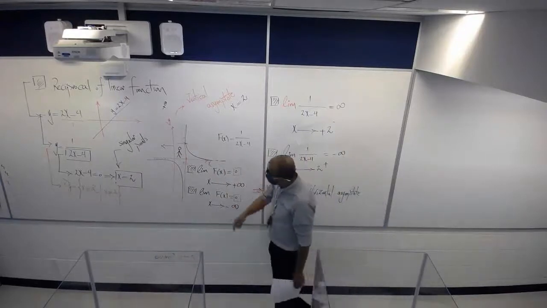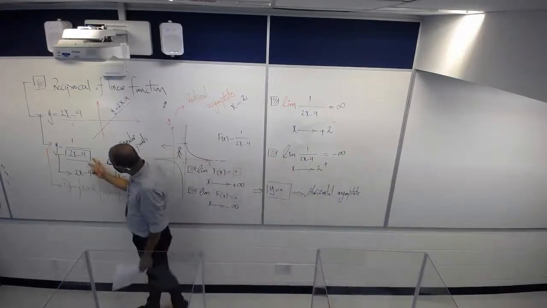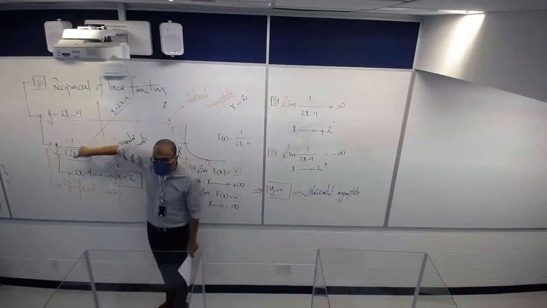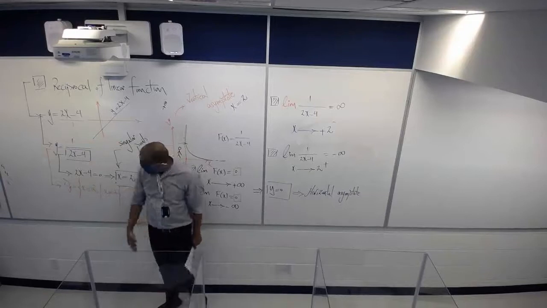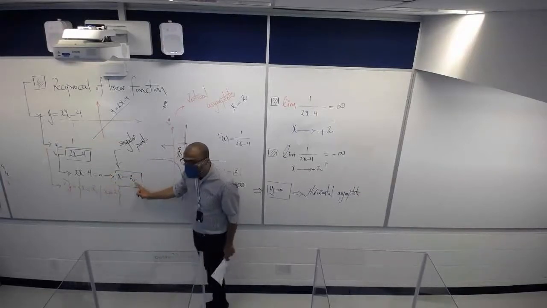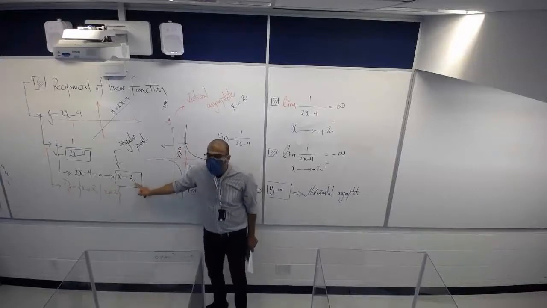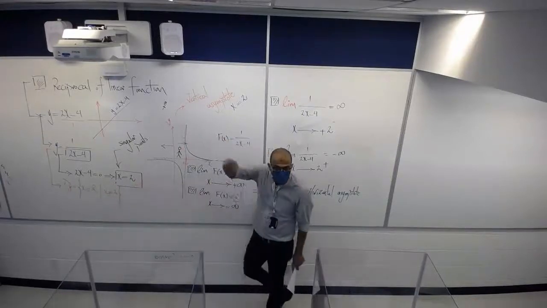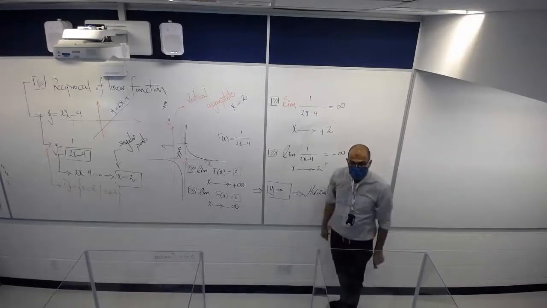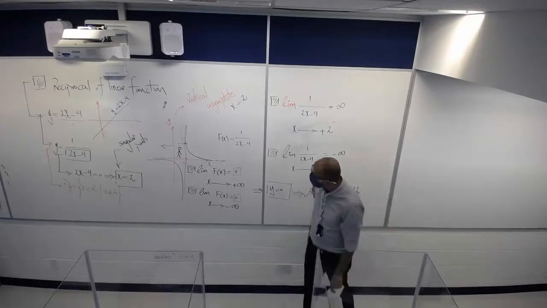The second thing was this: if the denominator of the rational expression we have created goes to 0, it gives you the vertical asymptotes of your function.